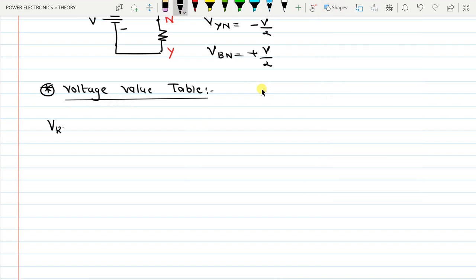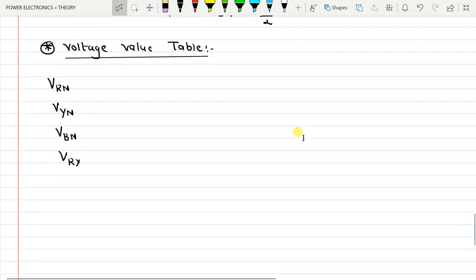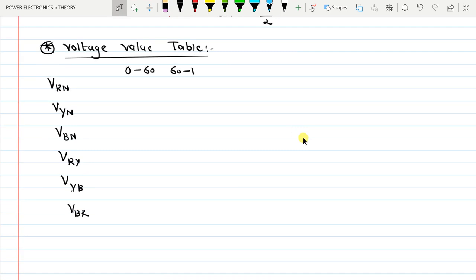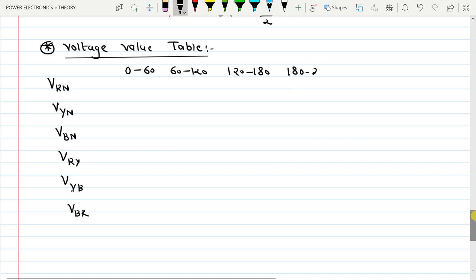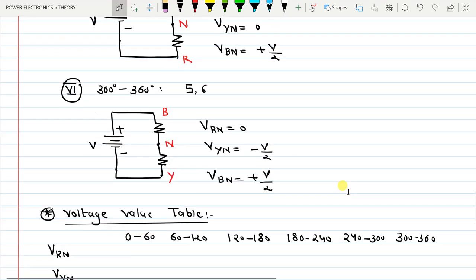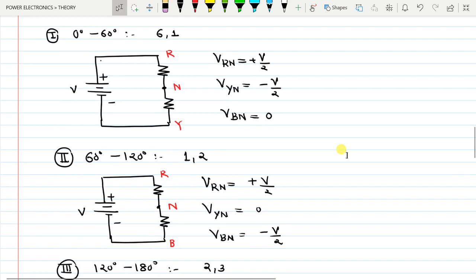So VRN, VYN, VBN. The first interval: plus V by 2, minus V by 2, 0.